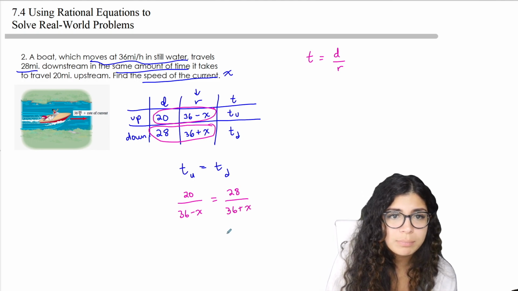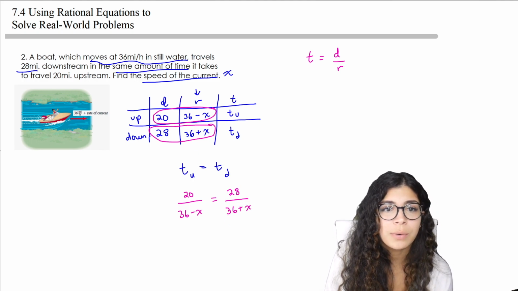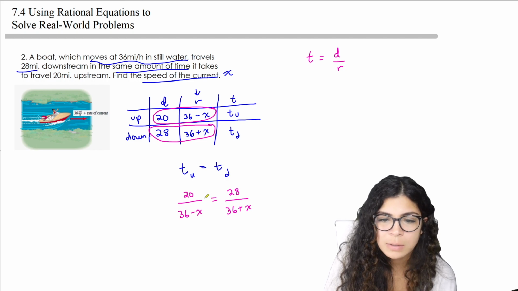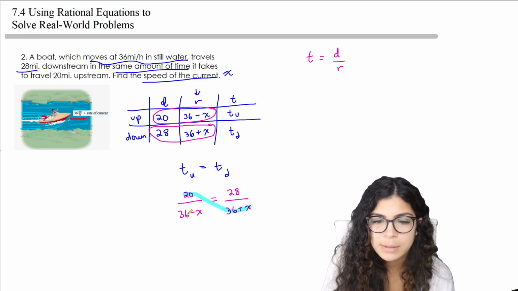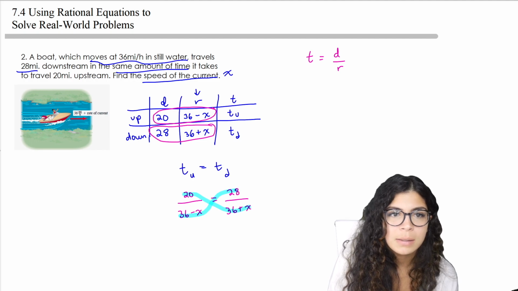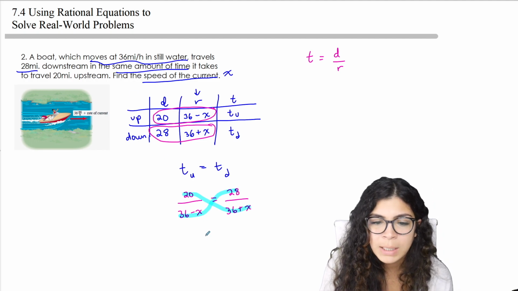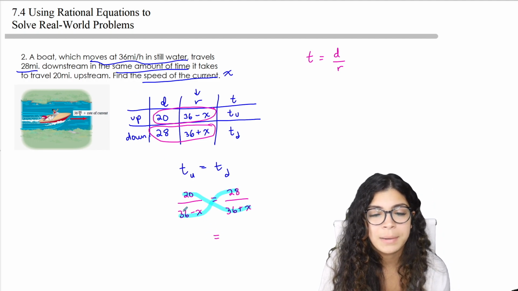All right, now we have a proportion, right? So let's go ahead and cross multiply. 20 times 36 plus x equals 28 times 36 minus x.